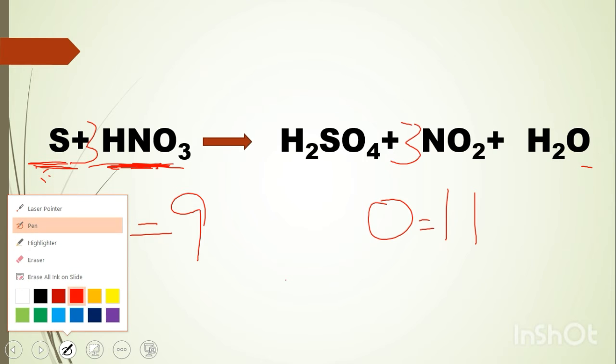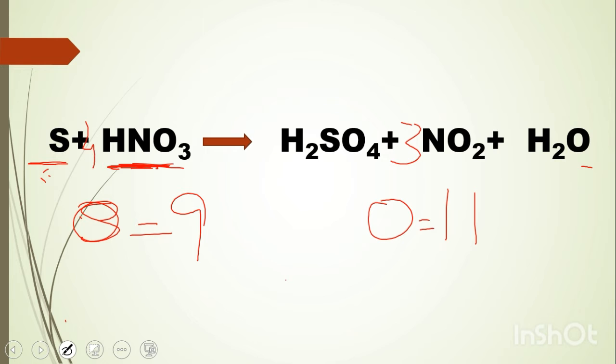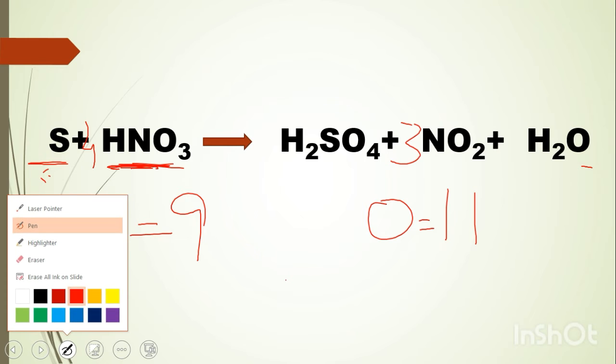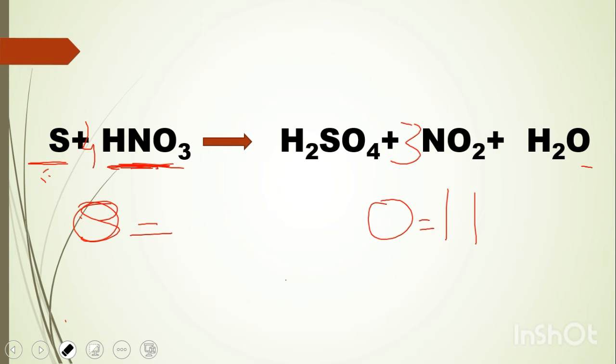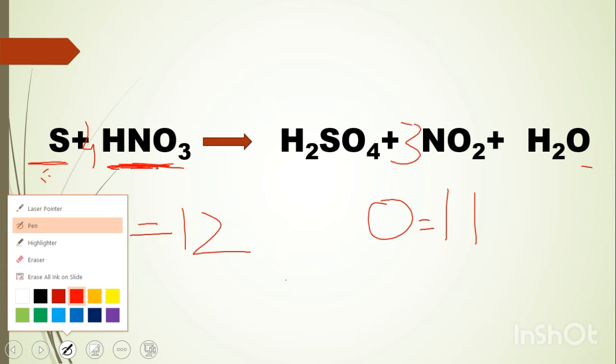So we move further and multiply this with the higher degree, that is 4. Now the oxygen is 4 times 3, which is 12, and on the product side the oxygen is 11, but there is a change in the nitrogen.